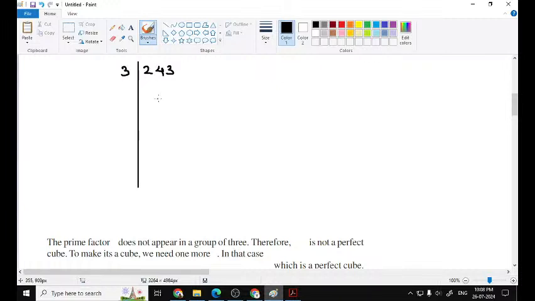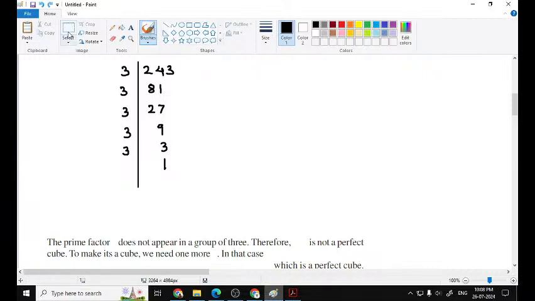So we can divide it by 3. Quotient is 81. Divisible by 3. Quotient is 27. Divisible by 3. Quotient is 9. Divisible by 3. Quotient is 3. Divisible by 3 and 1.